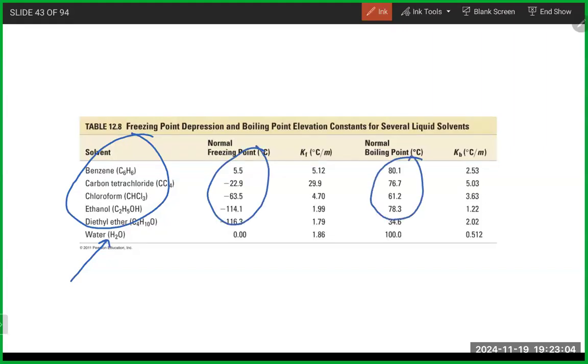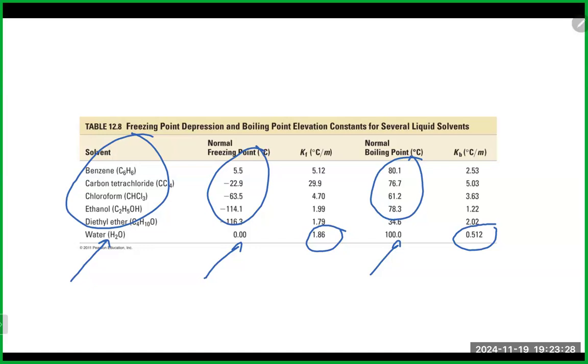So you don't want to use 0 and 100 for something that's perhaps not water, because it might not be the correct temperature. Water is oftentimes used a lot, but it's not always the solvent. That is our freezing point constant, 1.86, and that is our boiling point constant, 0.512, for water, where water freezes at 0 degrees and boils at 100 degrees Celsius in this particular case.